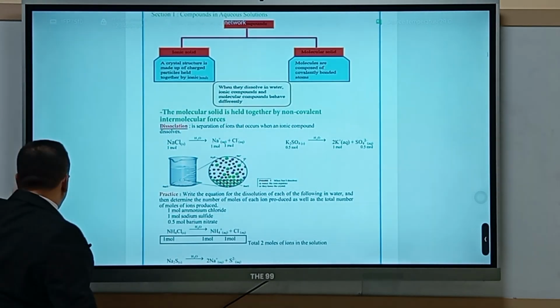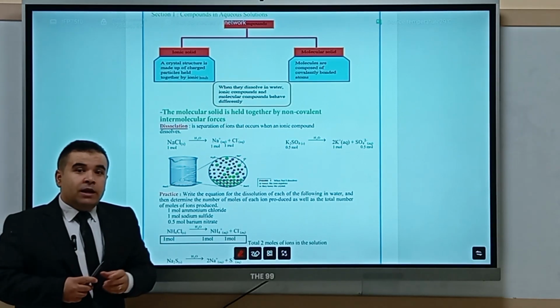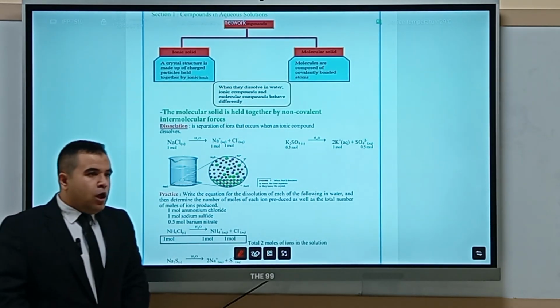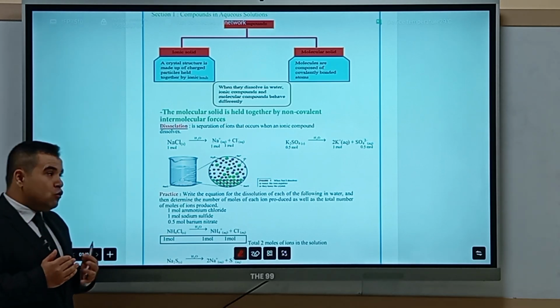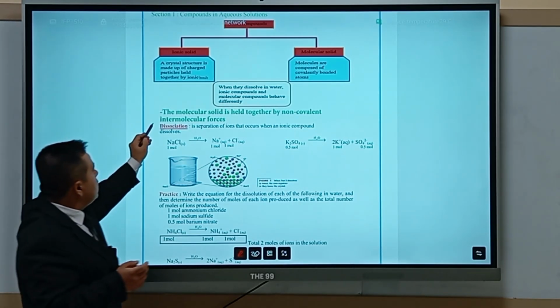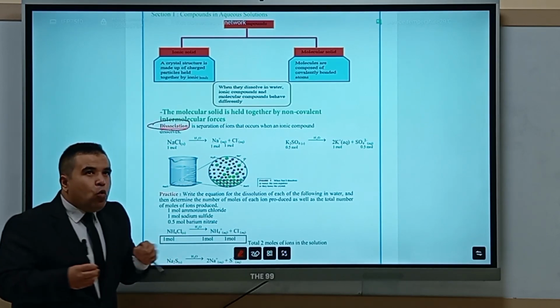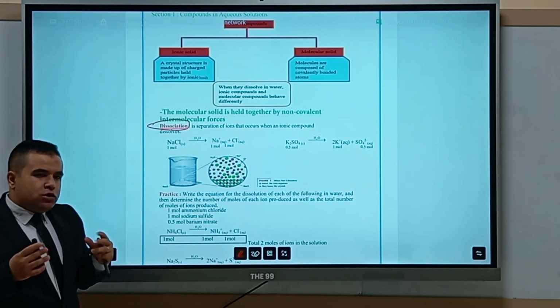The first process, which is about the ionic compounds, is dissociation, guys. Whenever we add an ionic compound into an aqueous solution, it undergoes a process we call dissociation. So what's dissociation? It appears in ministerial exam questions several times.